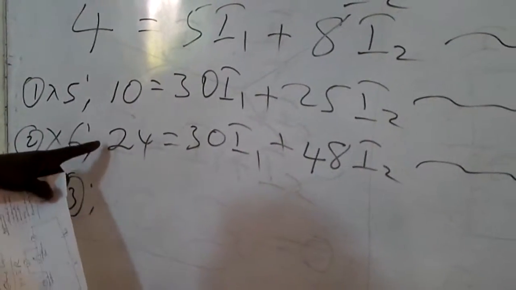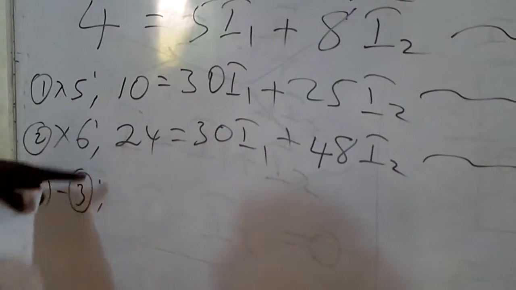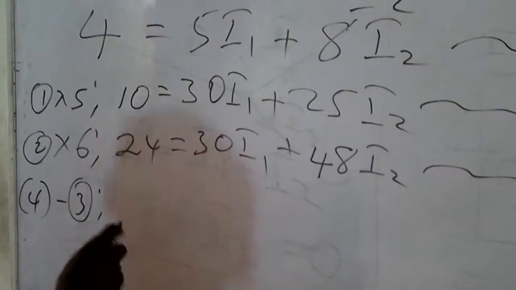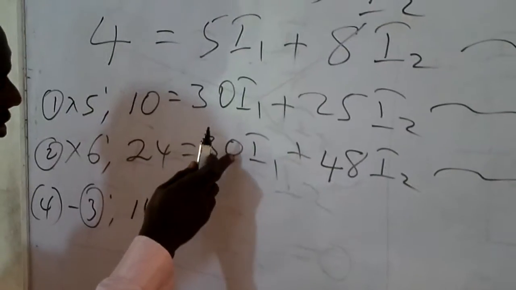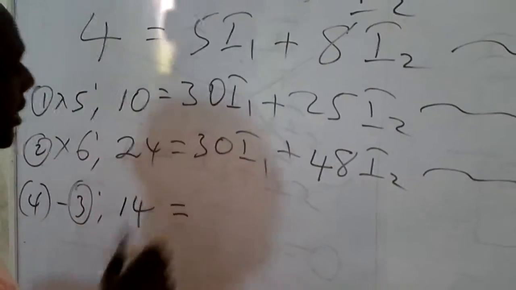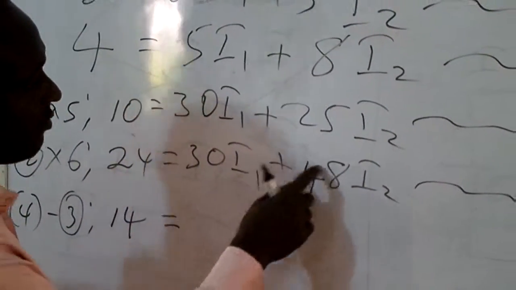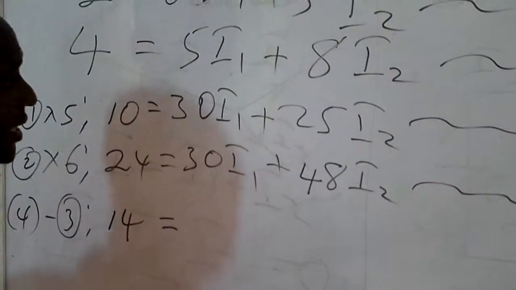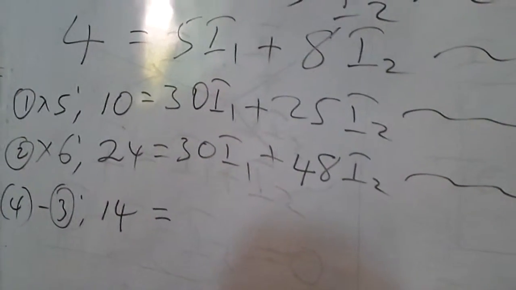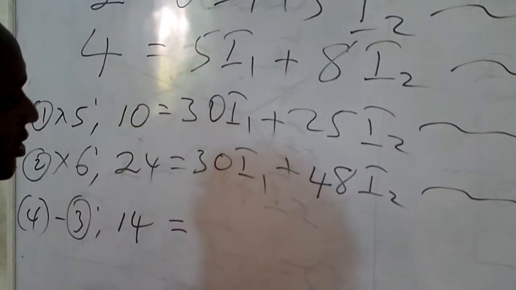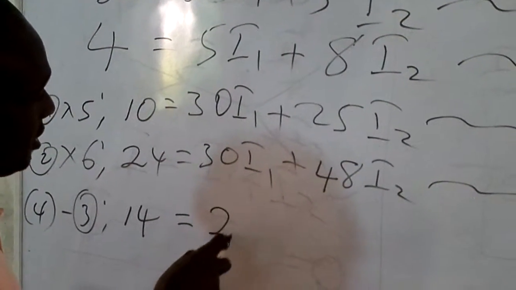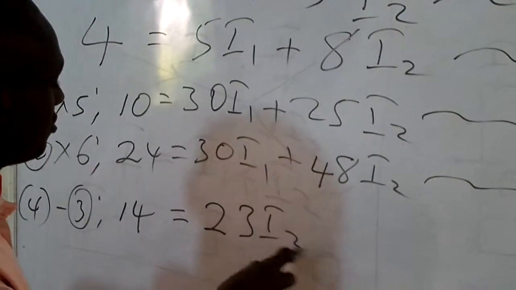So here, 24 minus 10, we have 14, will be equal to 30I1 minus 30I1 here will be 0, plus 48I2 minus 25I2 will be 23I2.